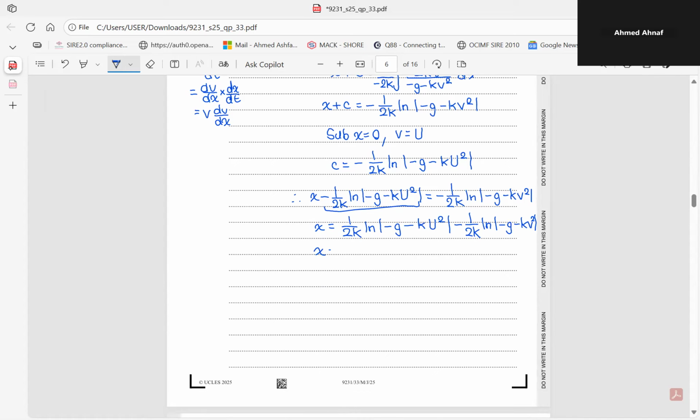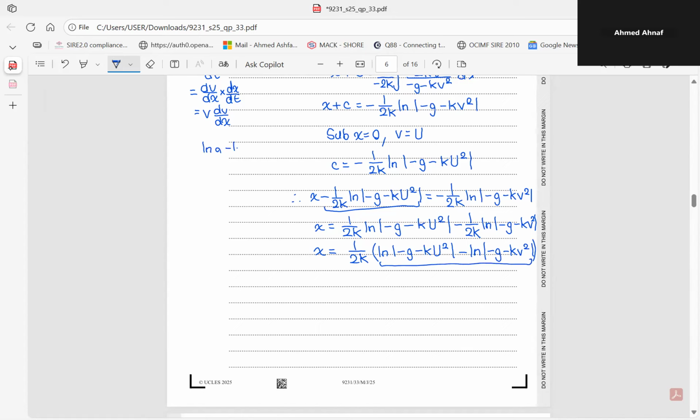So let's factor out 1 over 2k. Okay, so this is ln modulus of minus g minus k u squared minus ln modulus of minus g minus k v squared. For this one, we can use the log laws.